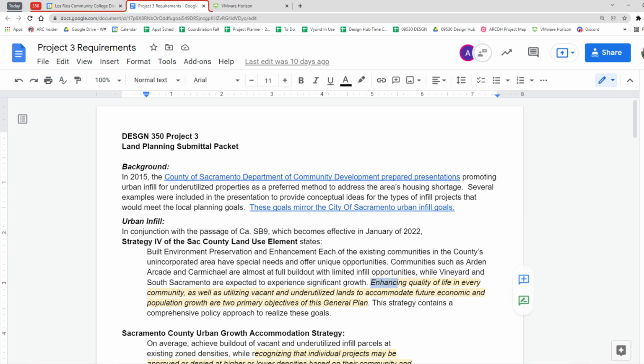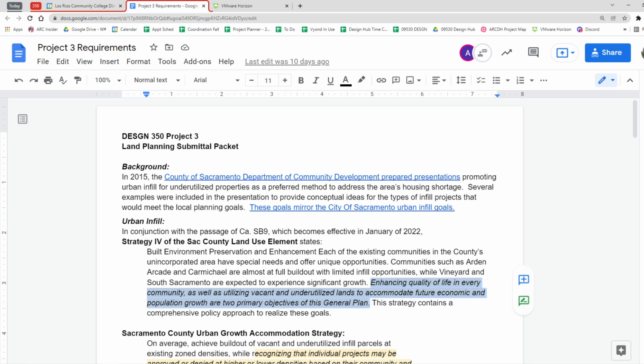And so here's what we're trying to do, and this comes from the County of Sacramento land use element.